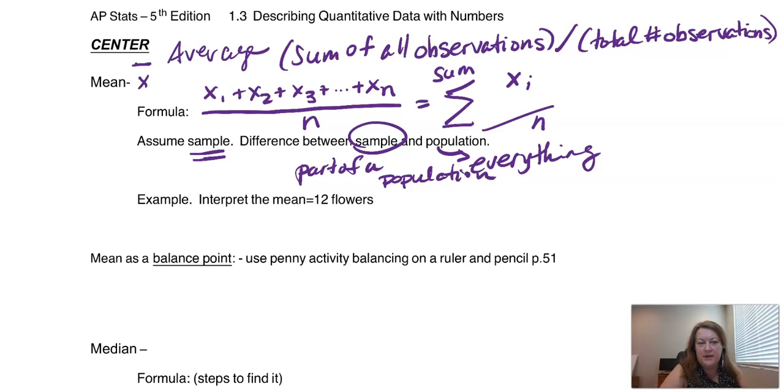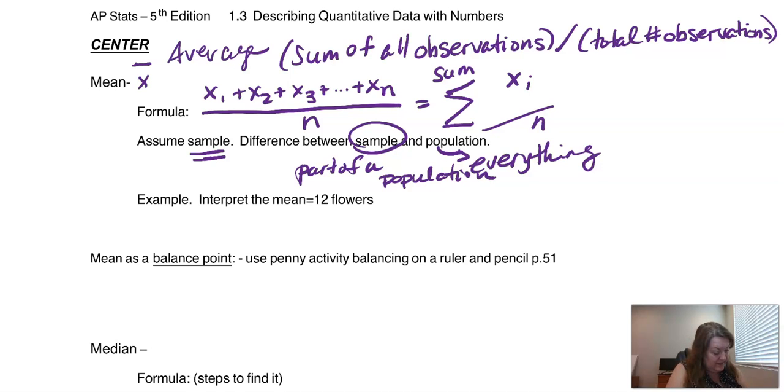Now, interpret in words. We're starting to be really specific in stats about using the right phrasing. When they say the mean is 12 flowers, how do you explain a mean to everybody? You can't just change it and say it's average. That's not good enough. It's almost like that sharing idea from elementary school.